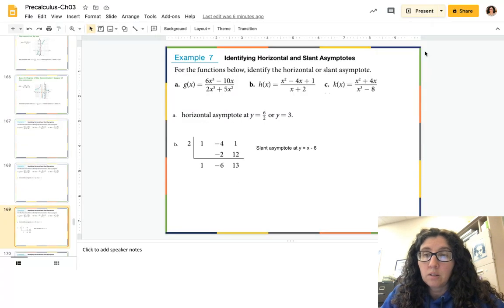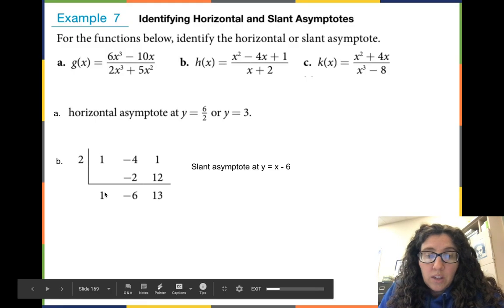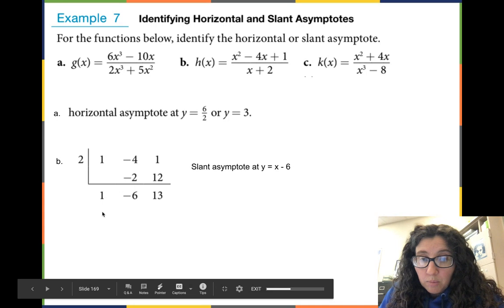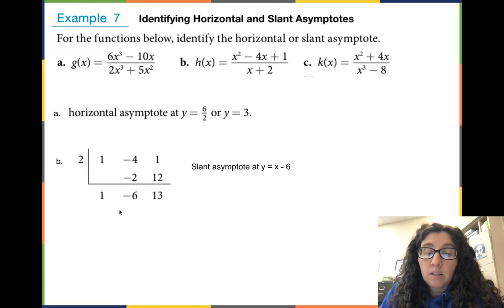And these coefficients of the first two terms, or all the terms except the remainder, are a slant asymptote. It'll always be linear because the difference in degree is only one. So we'll always have a linear term, and those coefficients are our slant asymptote.